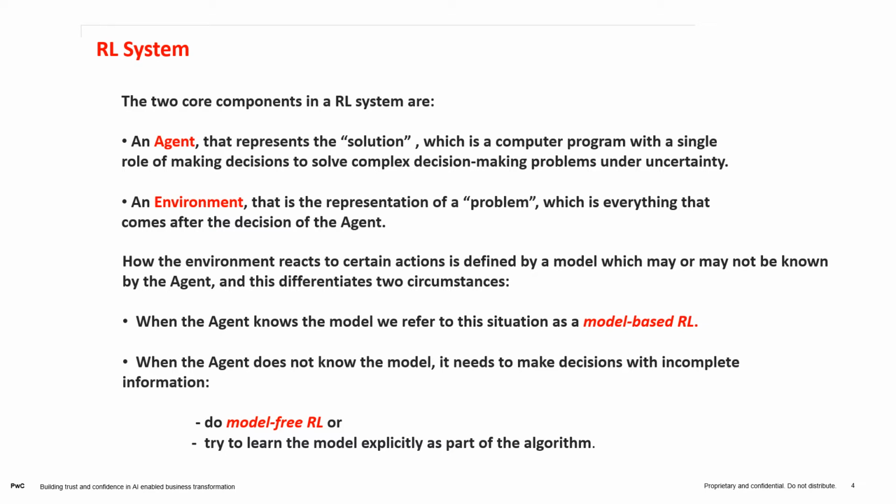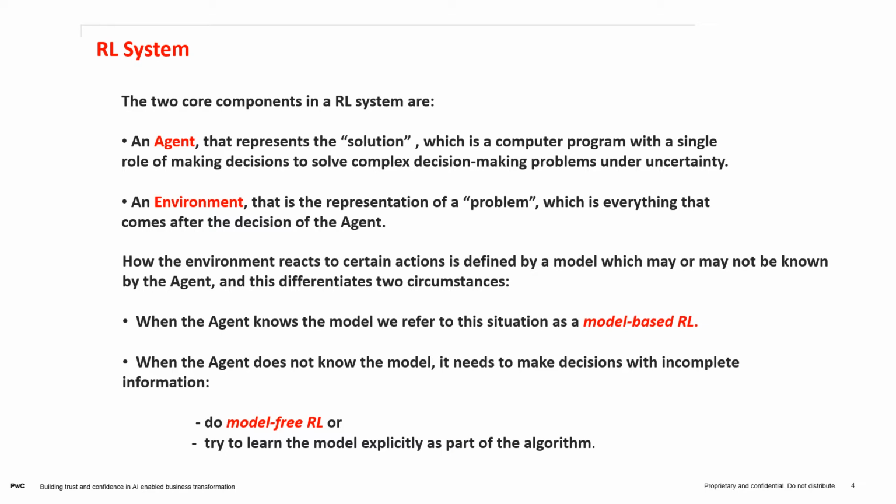That's the engine that can make decisions by applying various complex techniques to come up with the best decision under uncertainty. The environment is really the representation of the problem. And the agent interacts with the environment, and the environment influences the agent, and so the whole process goes through that loop.